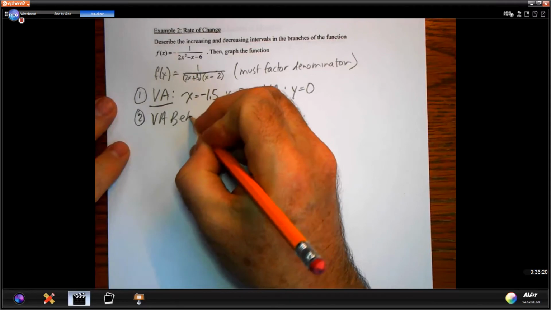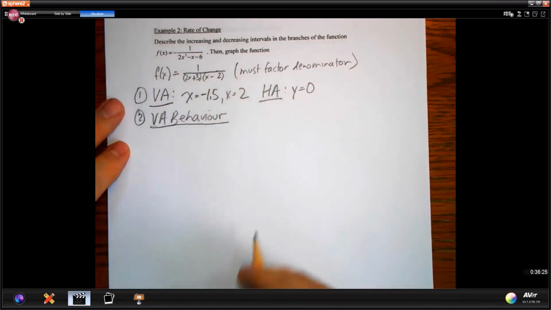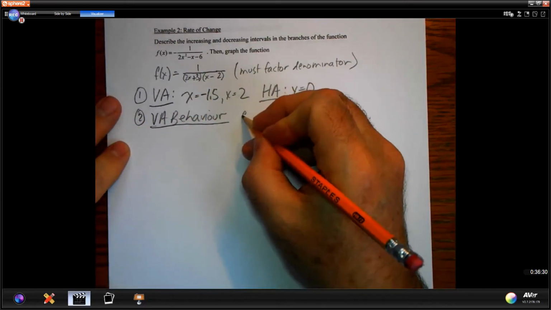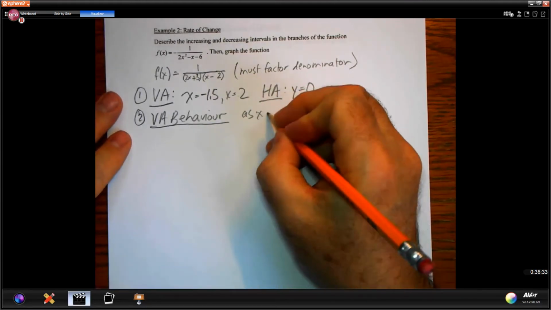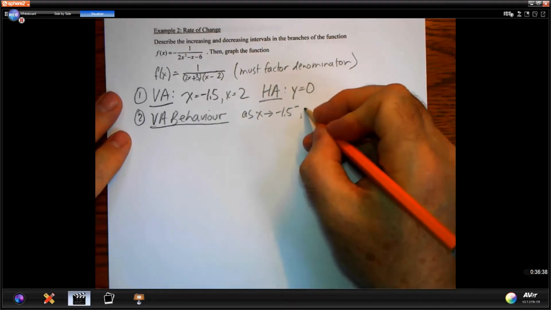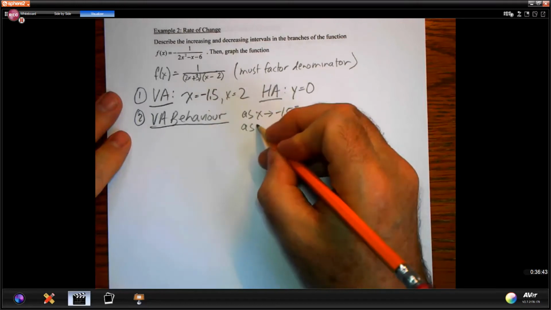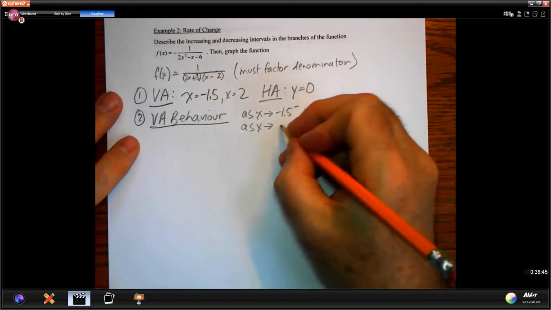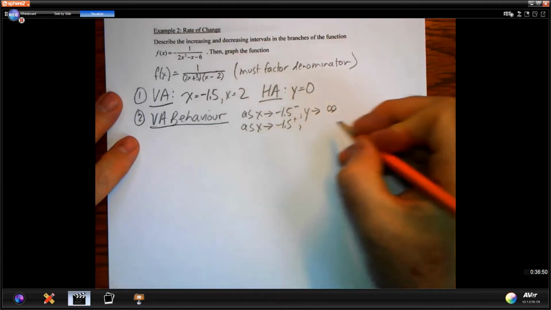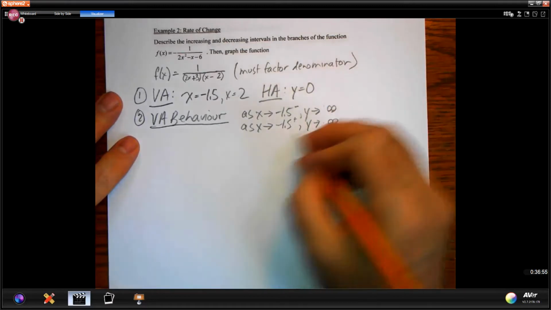And now we do our work on the behaviors. So, vertical asymptote behavior. Again, we're going to be doing basically 4 calculations, 2 for each of these asymptotes. The first one is as x approaches -1.5 from the negative side, y will approach either positive or negative infinity. We can actually write all of these in right now and then do all the work together. Sometimes that makes it easier. We still have to determine the sign here.